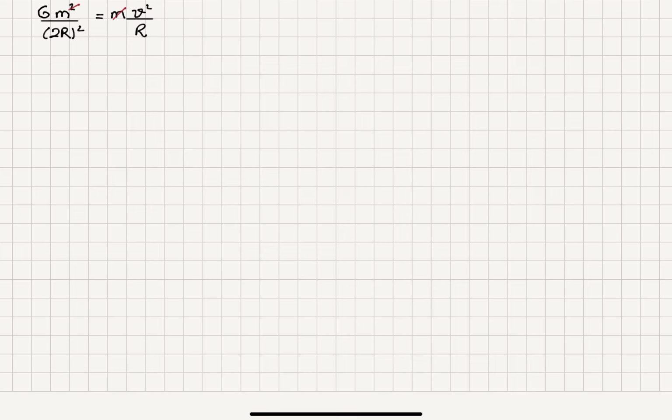So this will give me, for the mass of one star, 4 v squared capital R divided by the gravitational constant G.